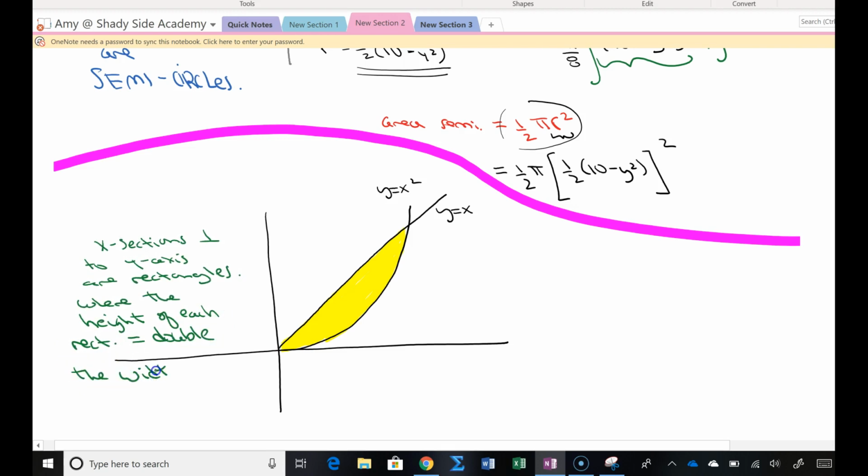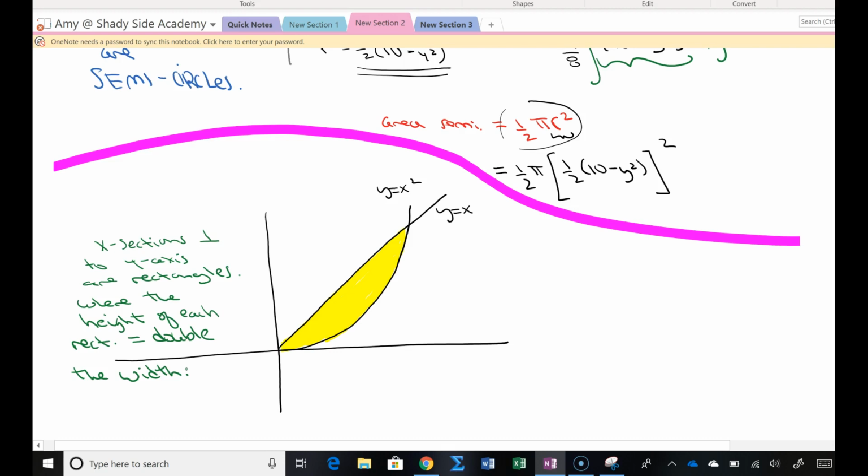And when we talk about the cross sections that are rectangles here, let's call the height the distance the solid comes up off the paper. So let's take a look at this wording again. The cross sections perpendicular to the y-axis are rectangles where the height of each rectangle is double the width.